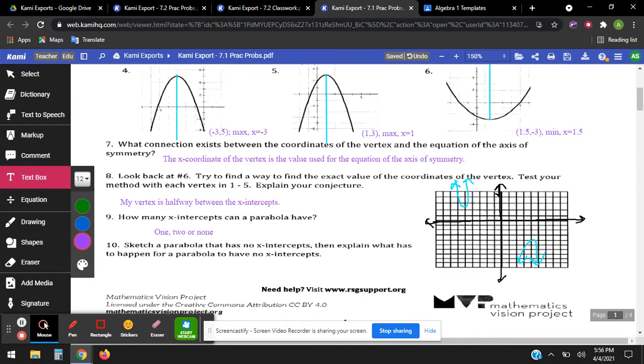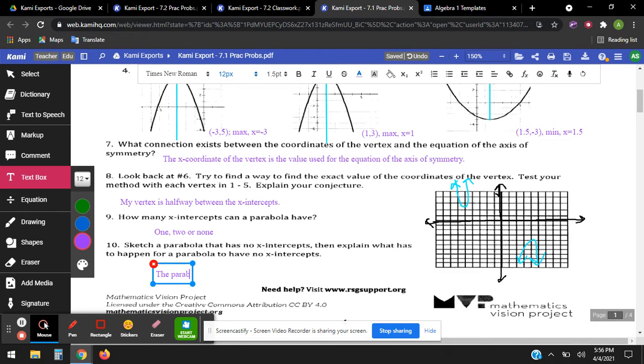So really, for this to happen, the parabola has to be completely above or completely below the x-axis, right? It's got to be all the way down below here or all the way above.